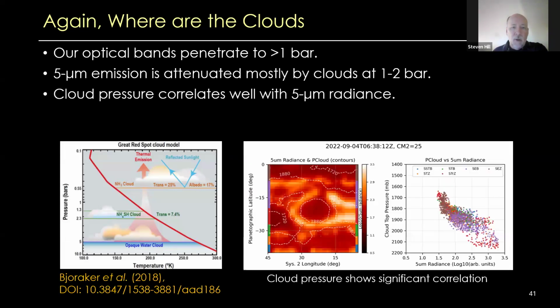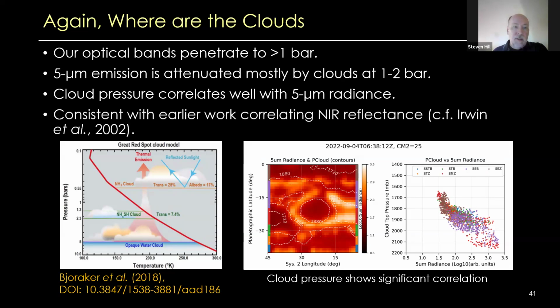So if we actually do a correlation plot here, what I've got is the 5-micron radiance, and the overplot is the band average method cloud pressures. And then on the right, I've got a scatter plot of radiance in log units and cloud top pressure, and we can definitely see a strong correlation there, although it does appear that there's a break and there may be two trends, and trying to understand that will be very interesting and important.